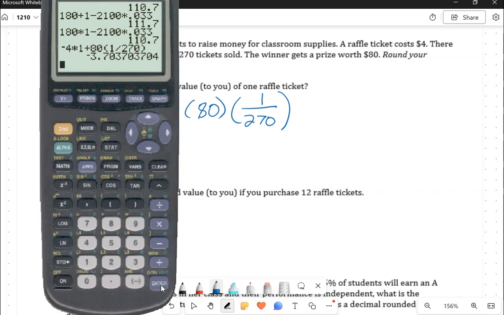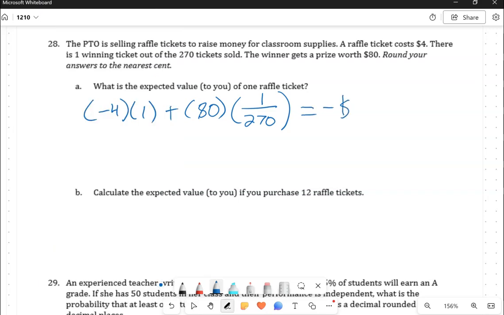Minus 3.70. I always wonder if it's the dollar sign and then the minus, or the minus and then the dollar sign. Either way, I expect to lose $3.70 every time I play this raffle. Honestly, I expect to lose all of it. The expected value, if I buy 12 raffle tickets, I expect to lose $3.70 every time I play.